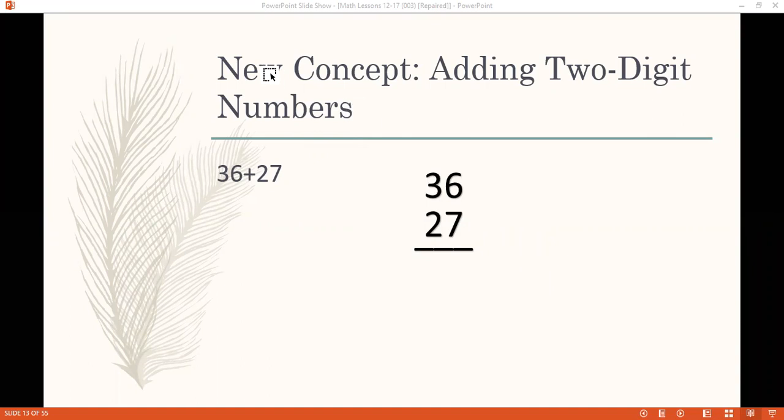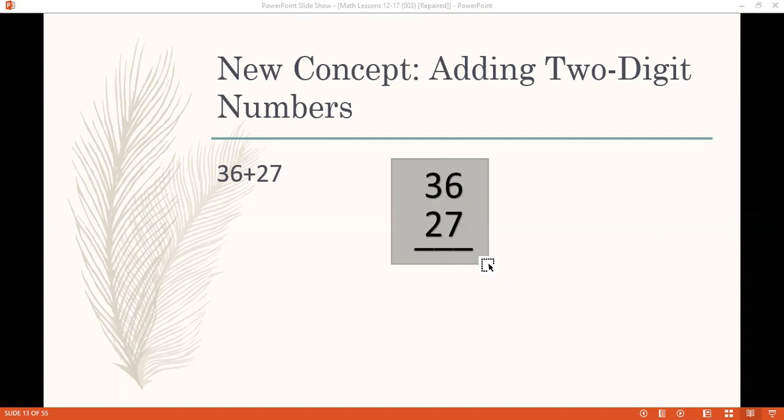Now, if we remember from our last few concepts, we remember our place values. Our what? Get ready? Yes, place values. Place values is a bit of a review, but we always want to make sure that our place values line up. So we're looking for the ones place value.